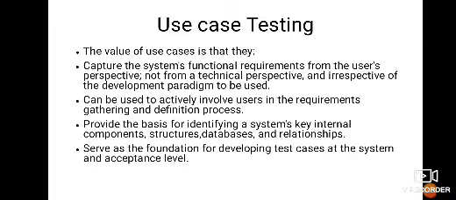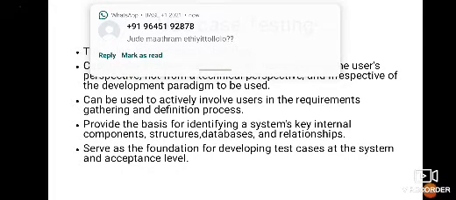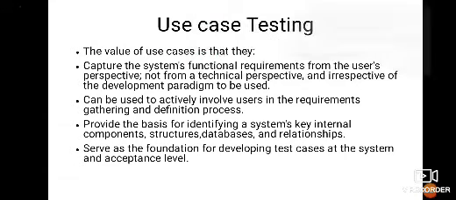And if any one step in the main success scenario fails, we take an alternate course of action from the extension scenario. So when we frame test cases, we frame test cases from the main success scenario, and we also frame test cases from the extension.